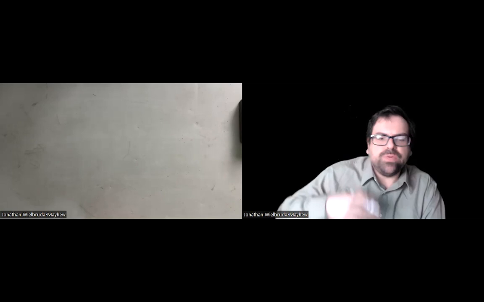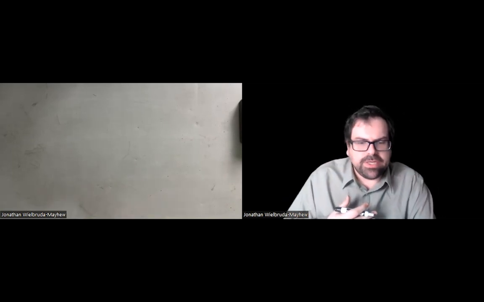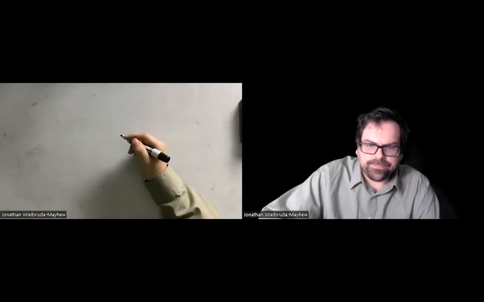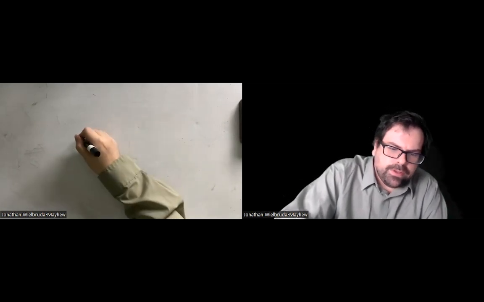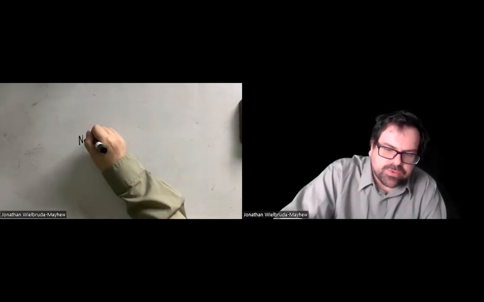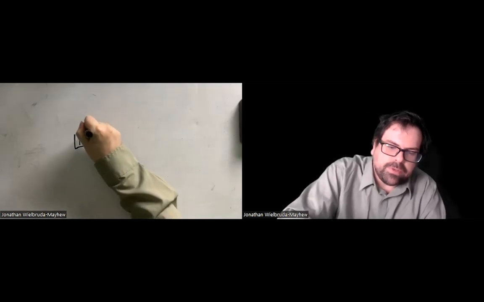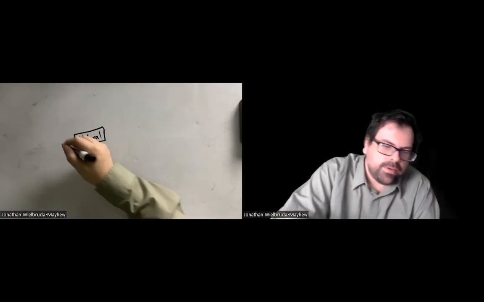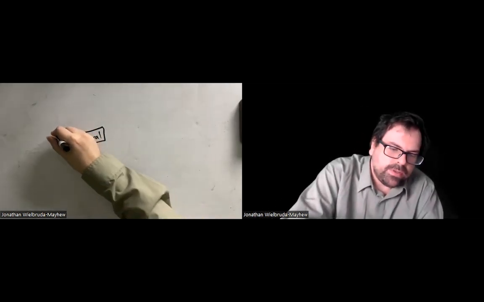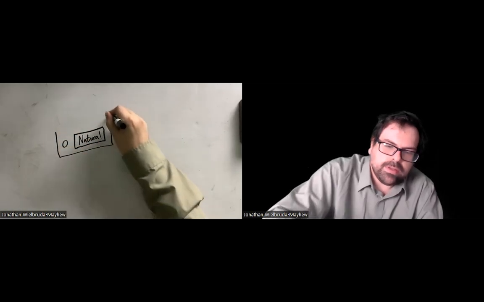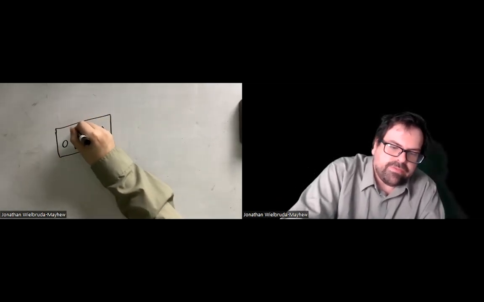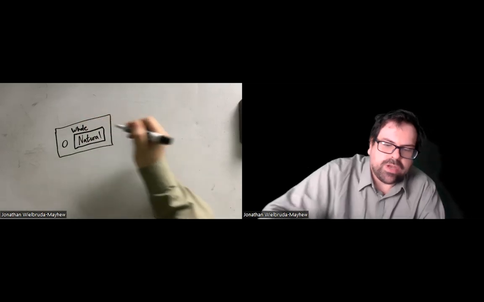So just to kind of recap our different types of numbers, we started with the natural numbers, the counting numbers. We added in 0, and that gave us the whole numbers.